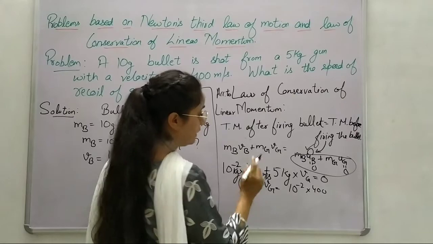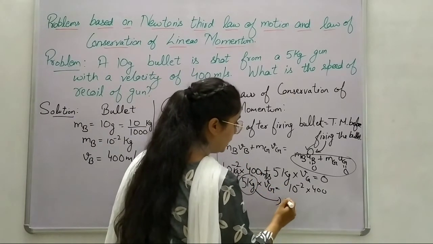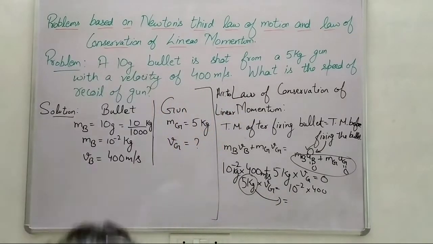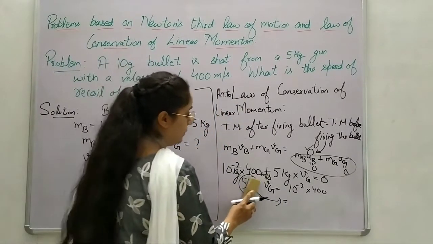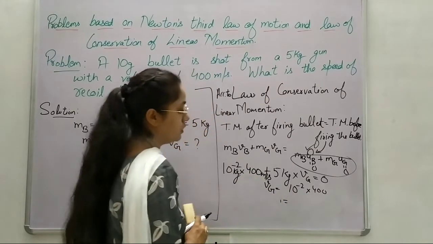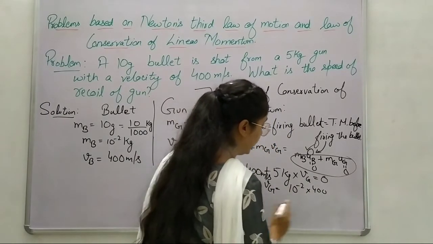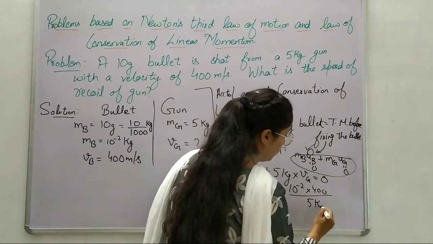Now in the next step, this part will go to the other side and will be divided, so I'm skipping that step and writing it here: divided by 5 kilogram.